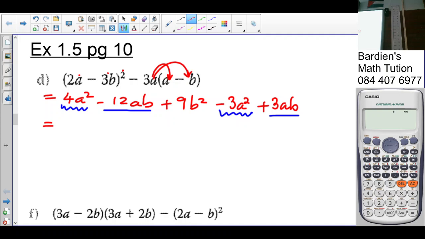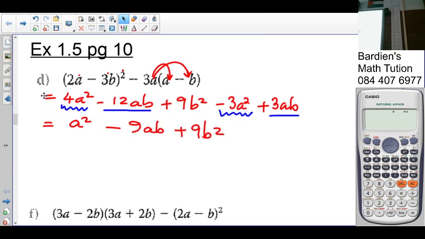What is 4a squared minus 3a squared? A squared. What is negative 12ab plus 3ab? Negative 9ab plus 9b squared. Any confusion there? You all got this one right, no?